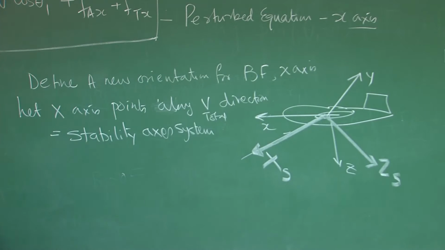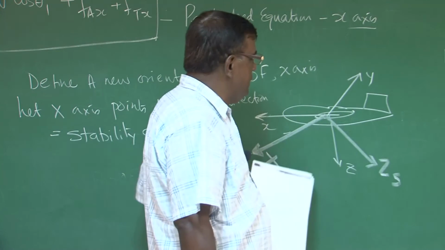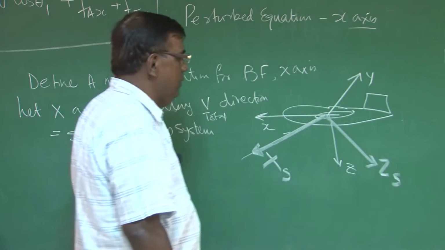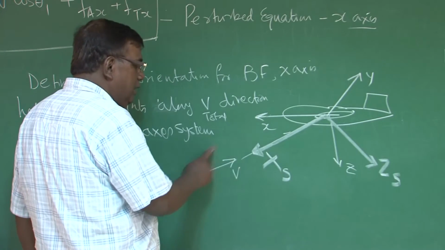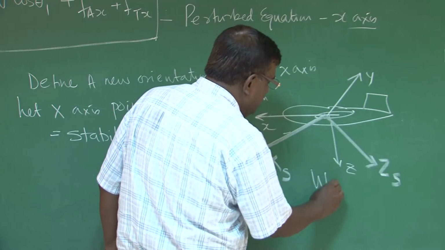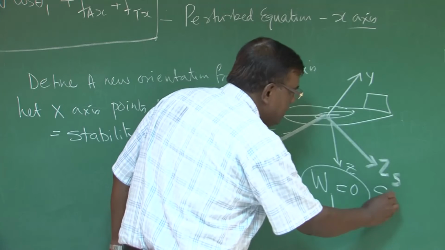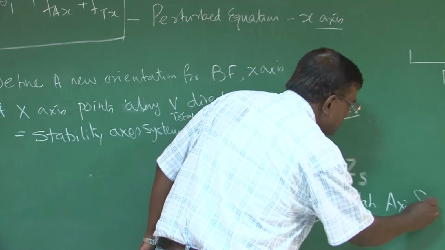These axes xs and zs are the stability axis system. What is the advantage of that? The moment I use the stability axes, xs and zs, you immediately see that W1 will become 0 because the velocity vector is along this direction. It cannot have any component perpendicular to xs. So in the stability axis system, W1 equals 0.